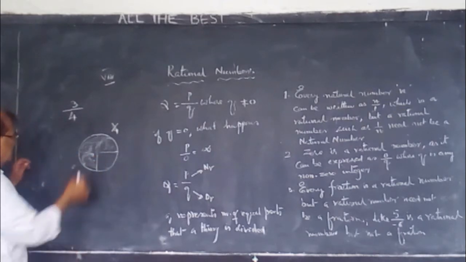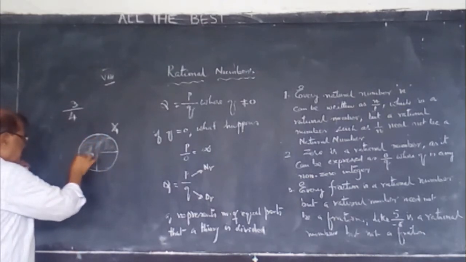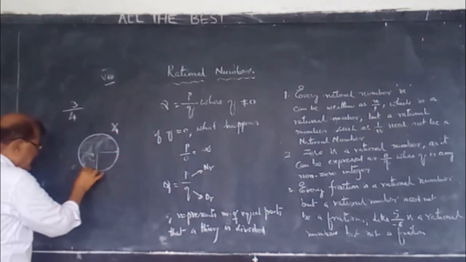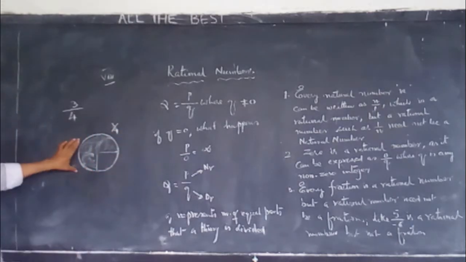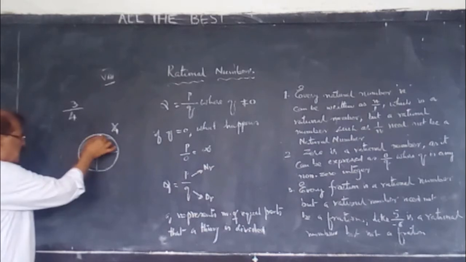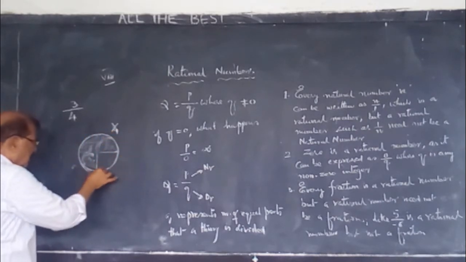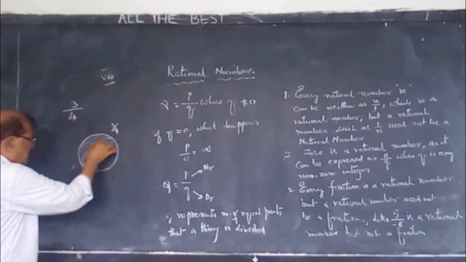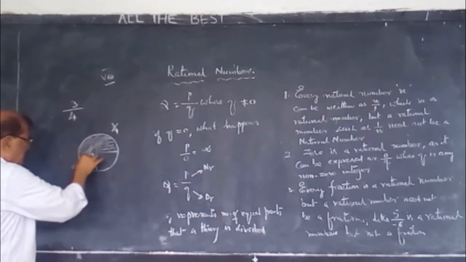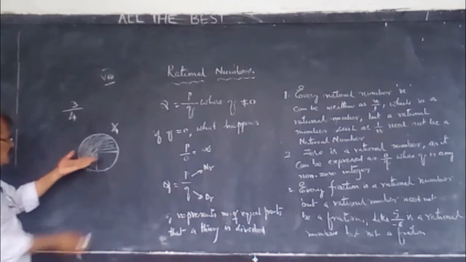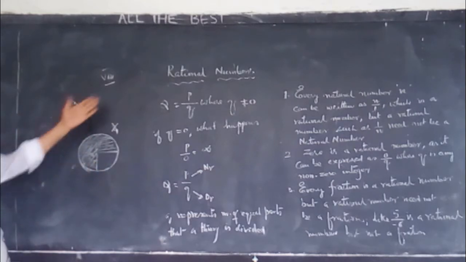So whenever you want to express the value of a thing which is less than 1, this whole thing is 1, and we have taken a part of it. We have not taken the whole thing. If you take the whole thing at a time, it becomes a natural number. It is not a rational number.